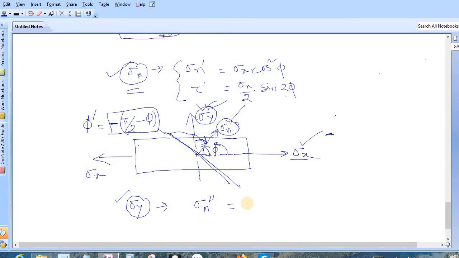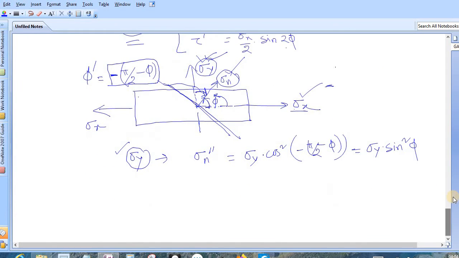It is coming as sigma, not x, it is y into cos square, and instead of phi, it is minus pi by 2 minus phi. So it will come as your sigma y sine square phi.